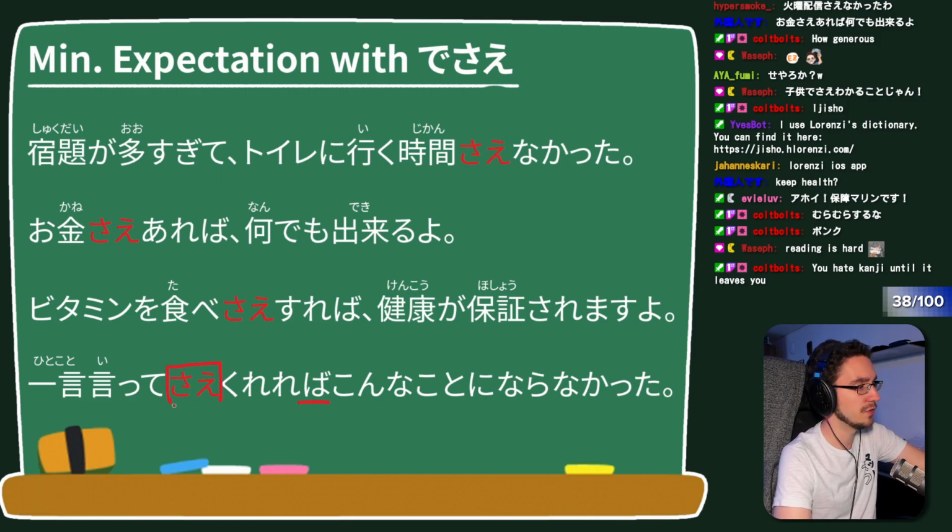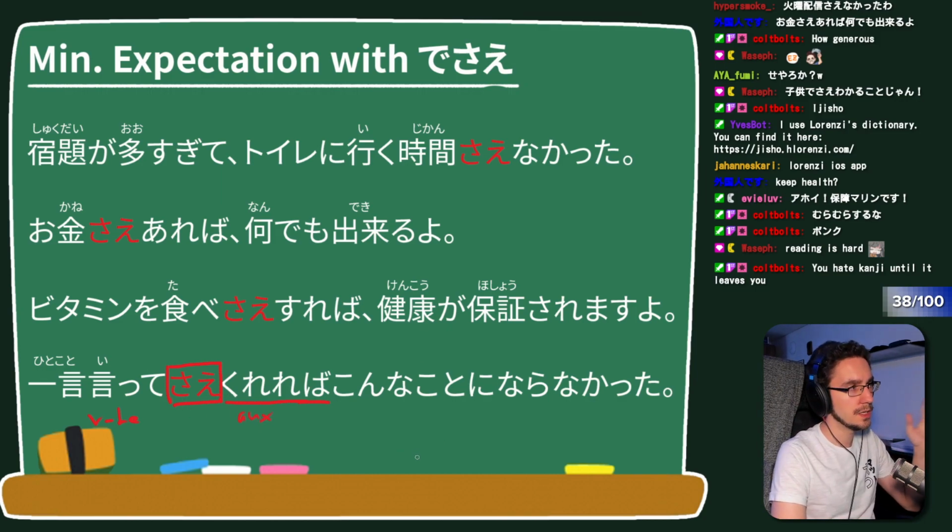It sandwiches in between the te and the auxiliary. So here you have your verb te, and then your auxiliary kurereba, conjugated into its conditional form. And the sae is sandwiched in between.